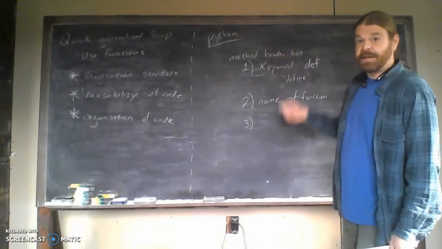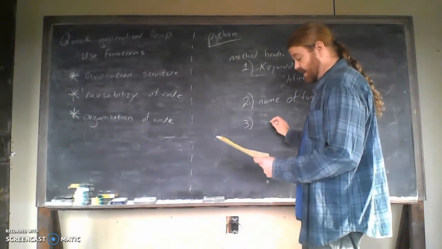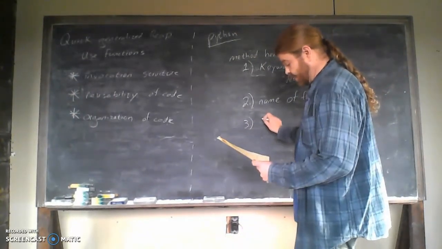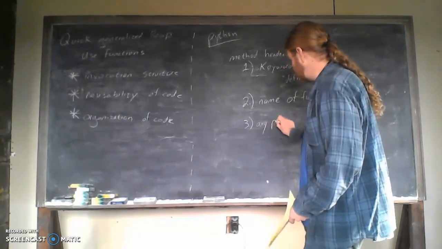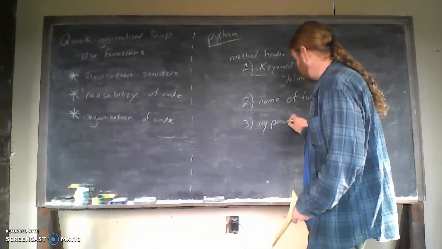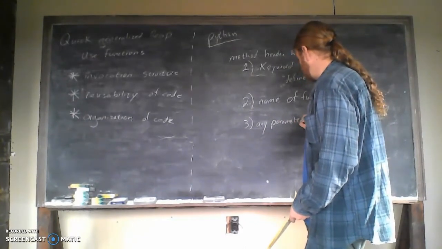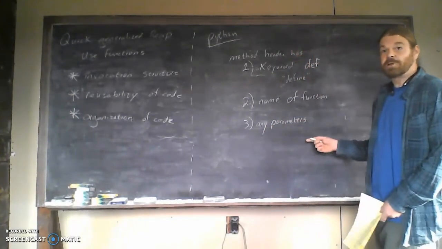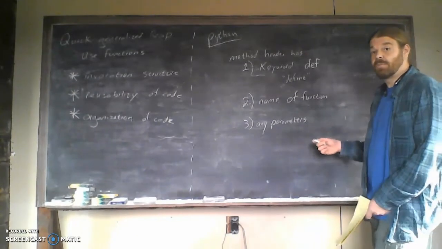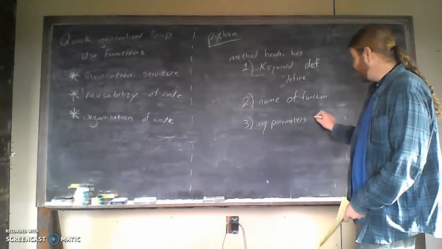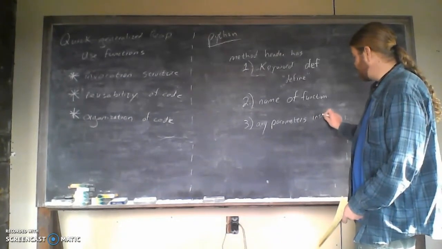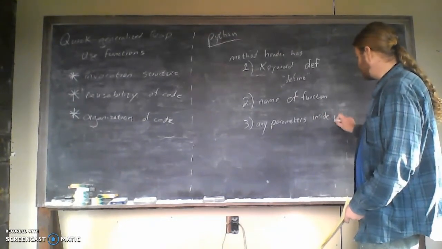The third thing in the method header is any parameters inside of parentheses. Any parameters we'll need for this method to run. What does it need to have passed into it in order to run? Any parameters, and we'll put those inside parentheses.